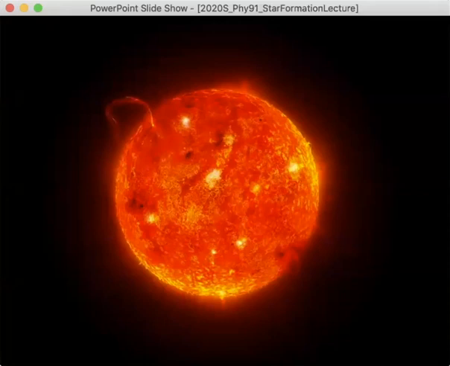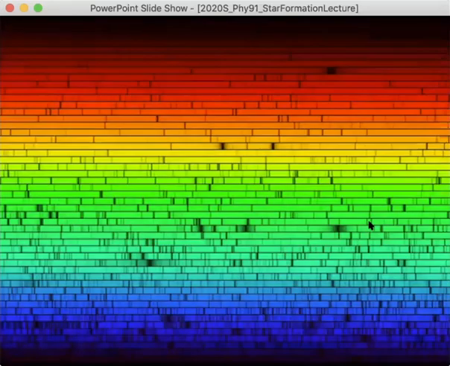If we were to take the light that comes from the sun and put it through a very fancy prism, which we call a spectrograph, you might get something that looks like this, at least for the colors of the rainbow.